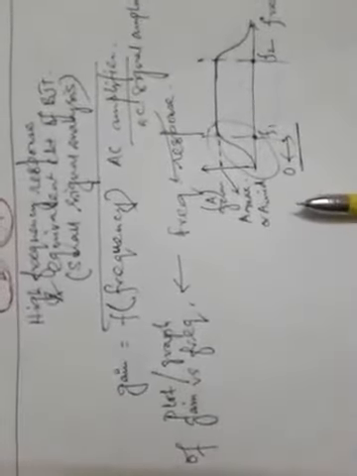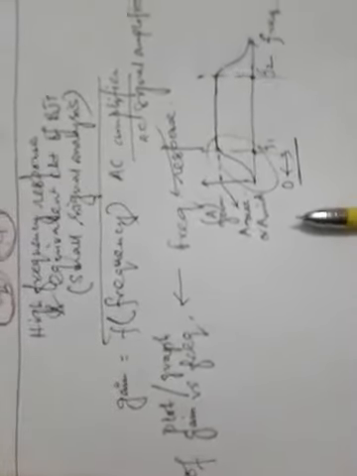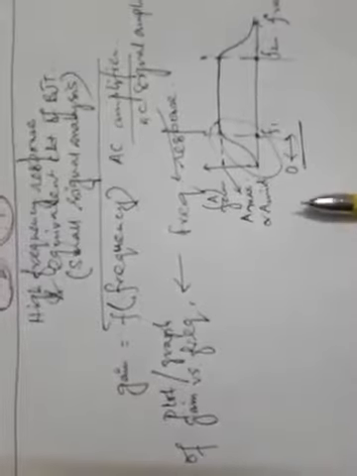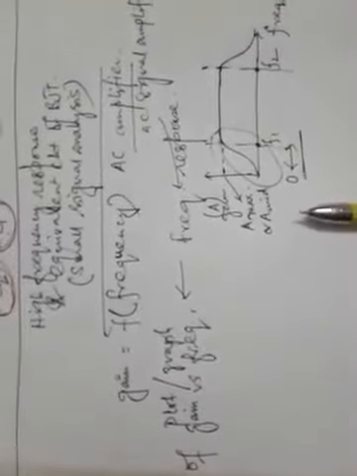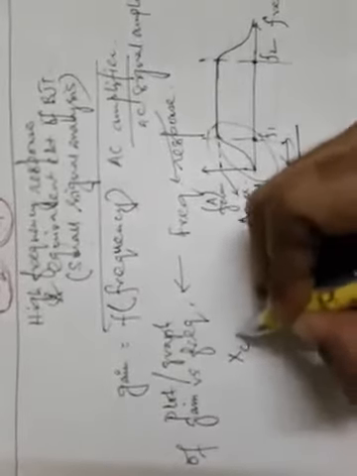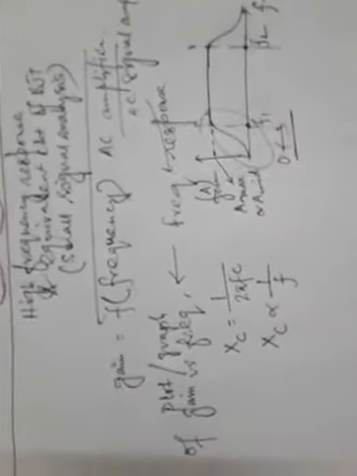You know the role of coupling and bypass capacitors; they are used for their individual purposes, but due to their inherent capacitive action, the capacitive reactance Xc is equal to 1 by 2 pi fC. That means Xc is inversely proportional to the frequency. So as frequency is decreased, Xc will be increased.